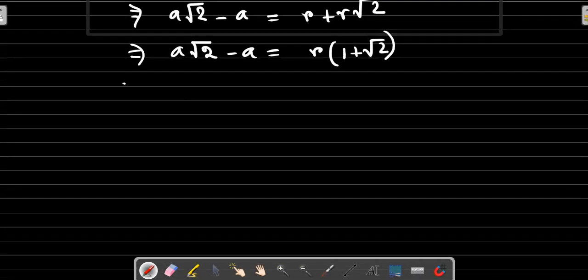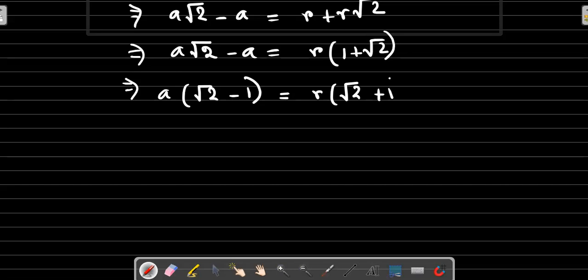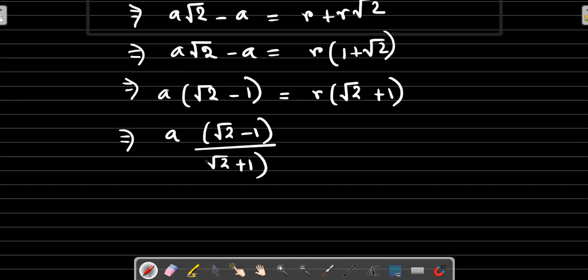Now from here take A common, we get A into root 2 minus 1 equal to R into root 2 plus 1. We have to find R. So A into root 2 minus 1 divided by root 2 plus 1, that is equal to R.